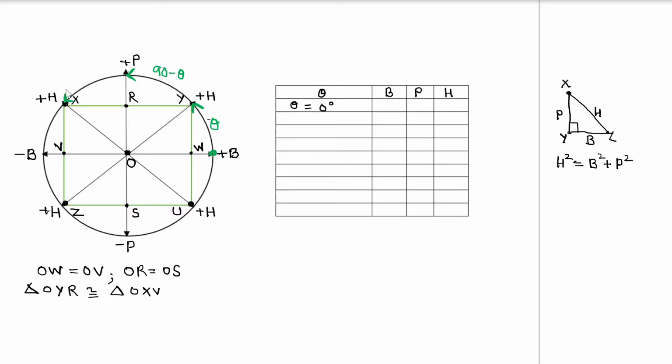The third part, now once I have proved that these two triangles are congruent, the triangle OYR is congruent to the triangle OXR. So instead of saying that this is OXV, let me call it OXR.